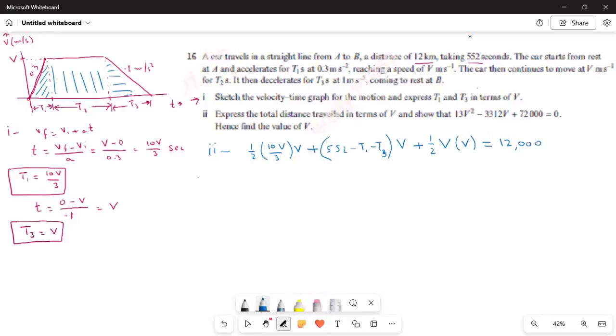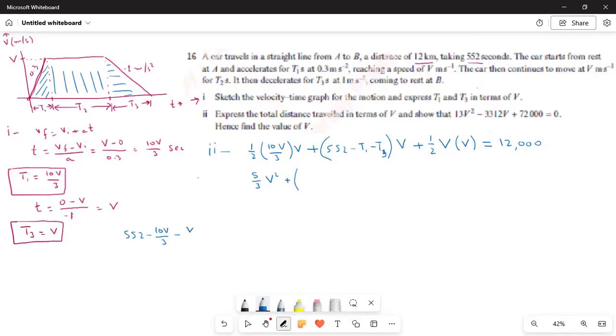Okay, let's try to simplify this expression. So this is going to be 5 by 3 v squared. Plus, this we have to work out a little bit, so let me do it separately. 552 minus t1, which is 10v by 3, and minus t3, which is v.